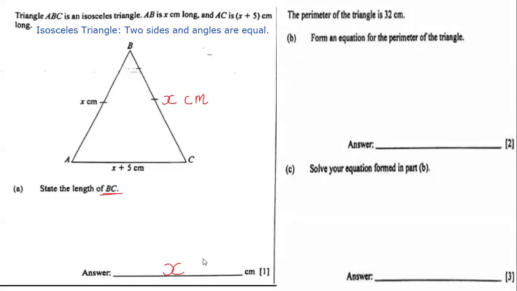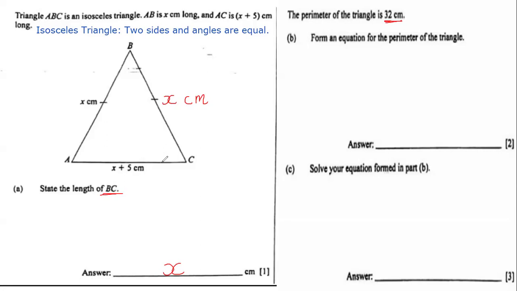Everyone should be able to know how to do this now. What's going to be the equation for the perimeter? Anyone can answer. We know that the perimeter is equal to 32. One side is X centimeters, the other side is X centimeters, the other side is X plus 5.